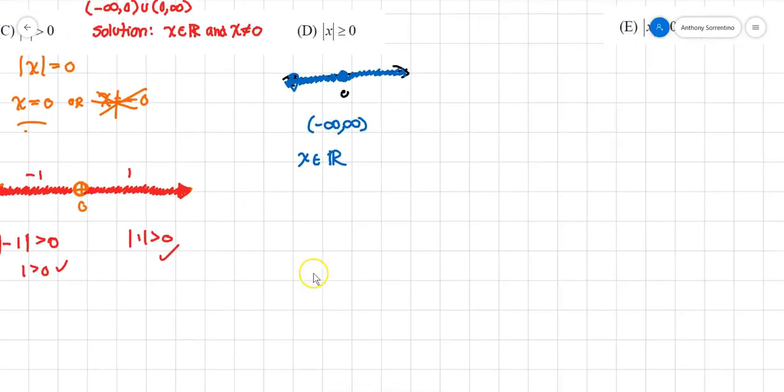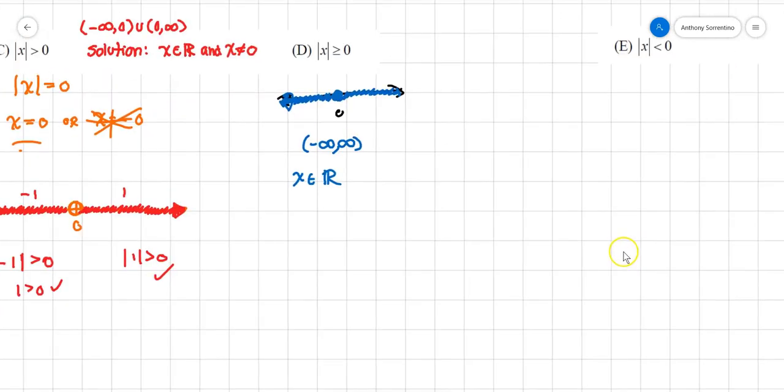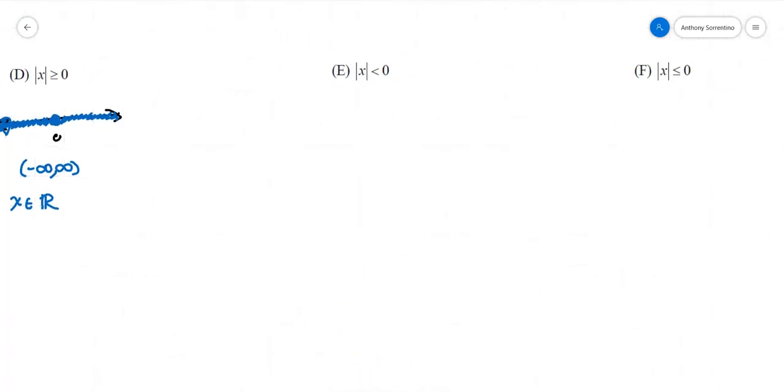When I get the less than go, it's still the same equation being solved. I still have this equation, absolute value of x equals 0, being solved, so x being 0 is going to be the solution to that. For this one here, I don't want x to actually equal 0, so this would be an open dot. And if I pick representatives from here, here's -1, here's 1.